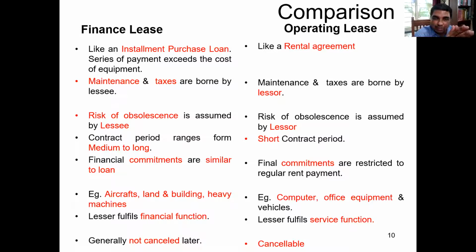Finance lease contract terms are normally long, but an operating lease is for a very short term. Financial commitments are similar to a loan in a finance lease. Financial commitments are restricted to the rent payment in an operating lease. In an operating lease, the lessee only has to pay the rent. That is his financial commitment.